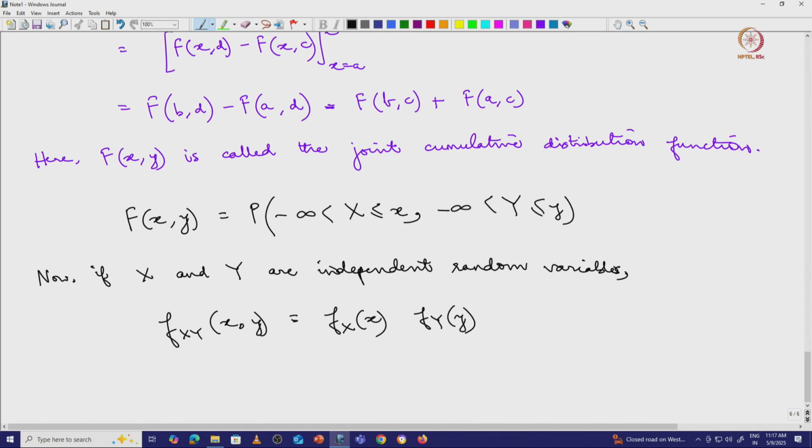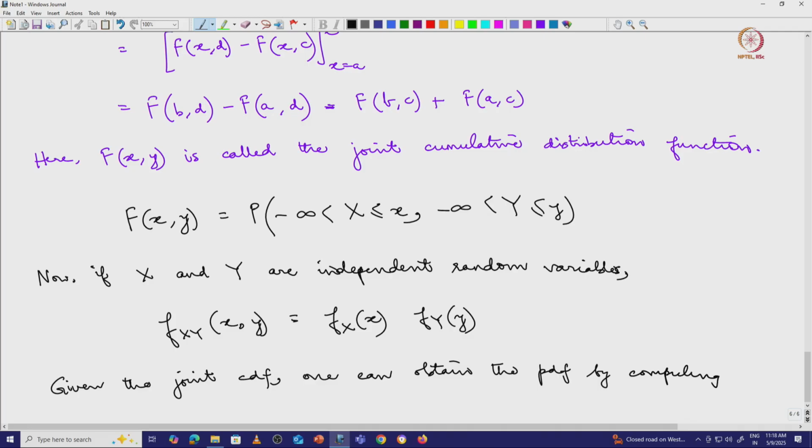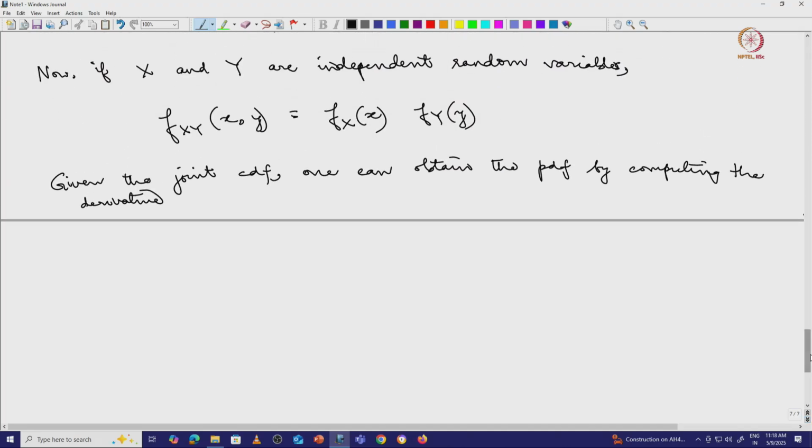And finally, given the joint cumulative distribution function, the joint CDF, one can obtain the PDF by computing the derivative, and that could be the partial derivative or the complete derivative, depending on whether it is a joint CDF or just a CDF for a single variable.